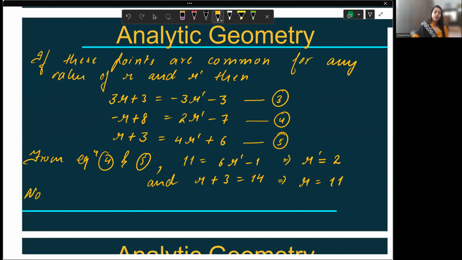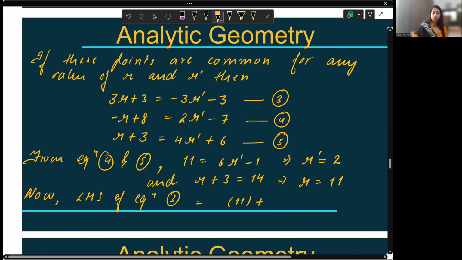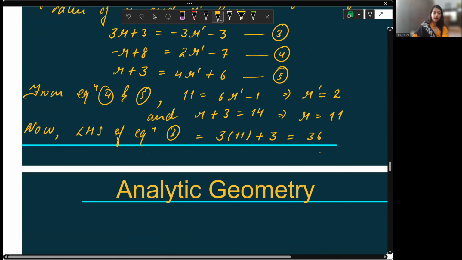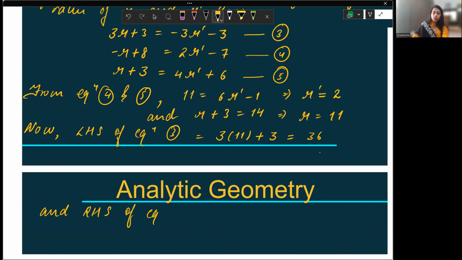Okay. Now let's see whether equation number 3 is satisfied. Now the left hand side of equation 3 is 3 times r plus 3. So that is going to be 36. And the right hand side of equation 3 is minus 3 times 2 minus 3.